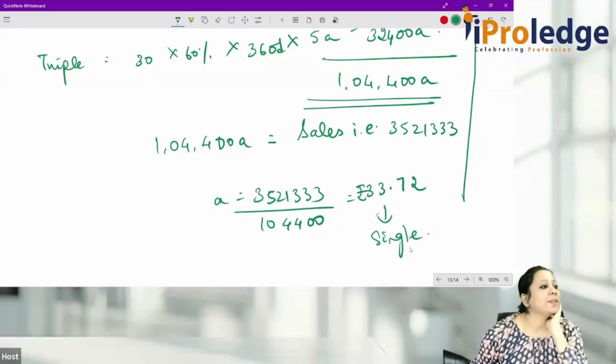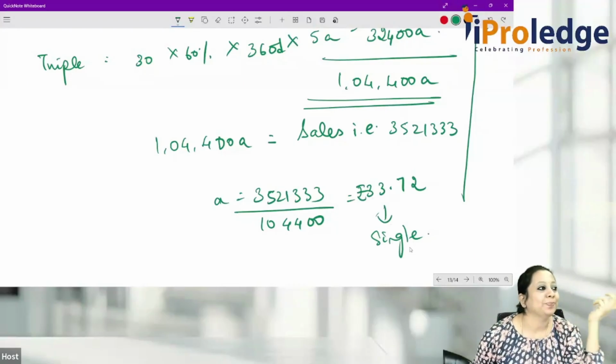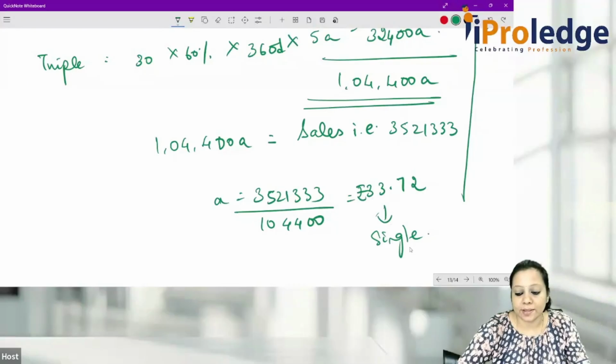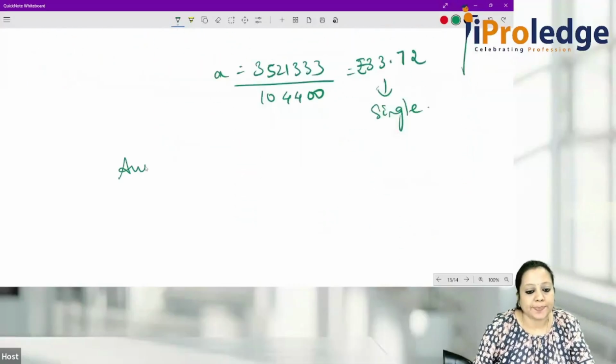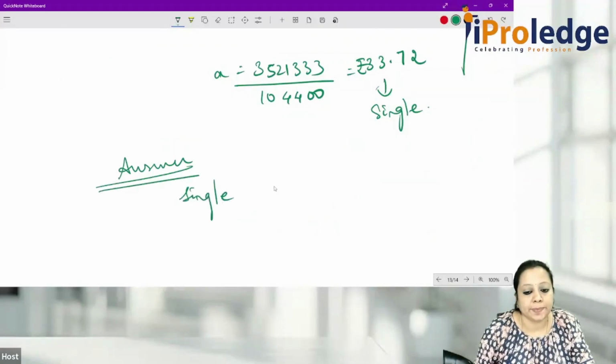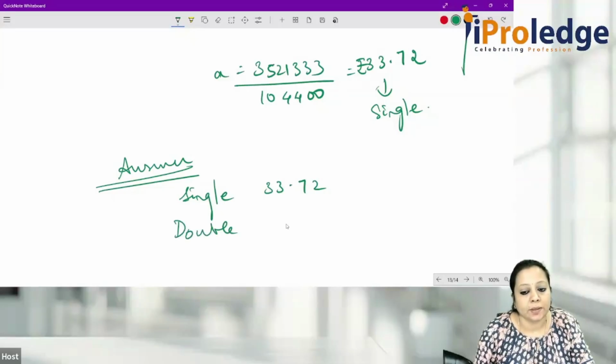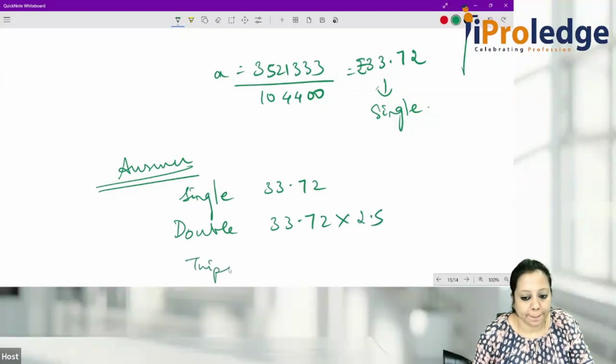So in such type of questions, we know our answer is correct. No? Obviously with practice. So in the exam, what you can do is answer: single 33.72, double 33.72 into 2.5, triple, yes ma'am, 33.72 into 5.